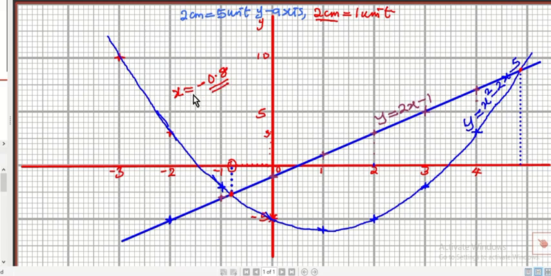Minus 0.8 is the first coordinate of x, or the root of the equation, and the other one is 4.1, 4.2, 4.3. 4.8 is at that point. Let me say 4.85 because it's not really at 4.8. So x is going to be 4.85. So these are the two roots, x1 and x2, of this equation.